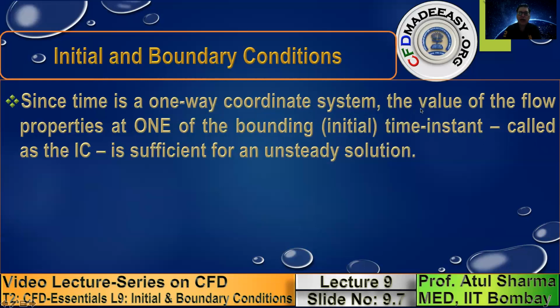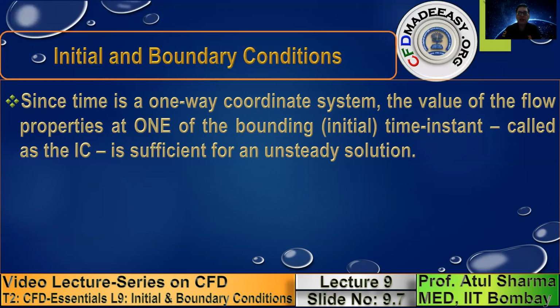So for time, the value of flow properties at one of the bounding time instants matters. As I said, there is an initial time instant and a final time instant. The flow properties depend on the initial time instant, which is one of the bounding time instants, and that is called the initial condition, which is sufficient for an unsteady solution. In computational fluid dynamics, as I mentioned in my previous lecture, we obtain the first picture from an initial condition, and from the data of the first picture we obtain the second picture, and from the second picture we obtain the third picture, and so on.